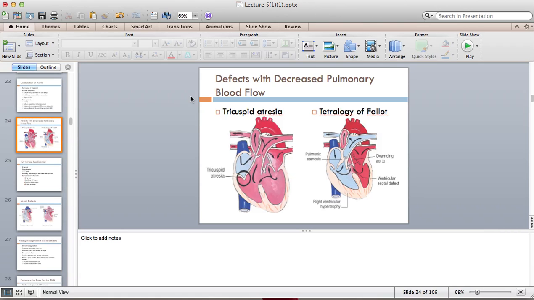So the whole blood that is supposed to get into the pulmonary vessel is not going in. On the other hand, here you have 4 deformities. Number 1 would be this stenosis, narrowing in the pulmonary vessel right here.